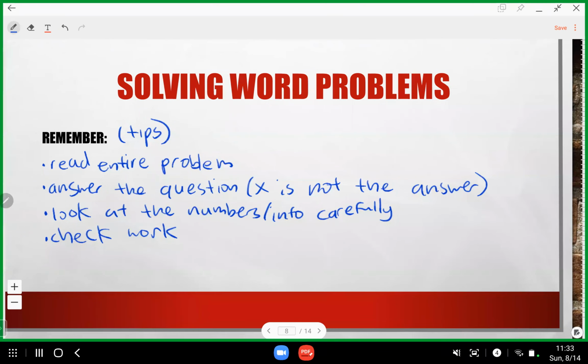Is your answer reasonable? Let's say for this previous question about the vans and the buses, how many students can the bus hold? You get an answer of 3,000. That's not very reasonable, so you might want to go ahead and check back to your work. Let's say the bus is able to hold a maximum of -3 students.